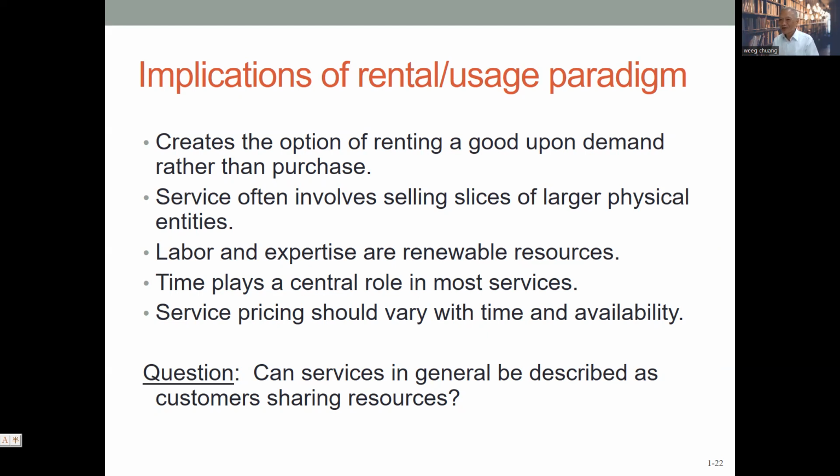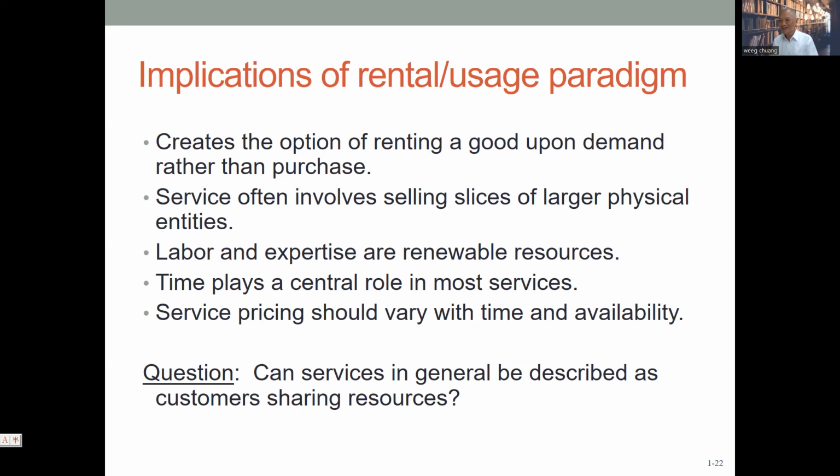And next, labor and expertise are renewable resources. You have to keep improving your expertise to keep your competitiveness against your competitors. And time plays a central role in most services. Time is important for the value of the service offered.